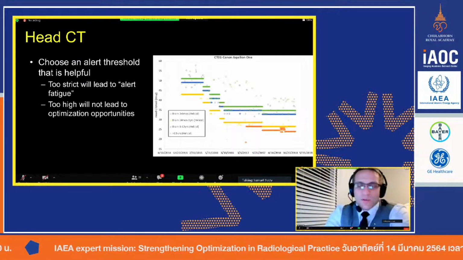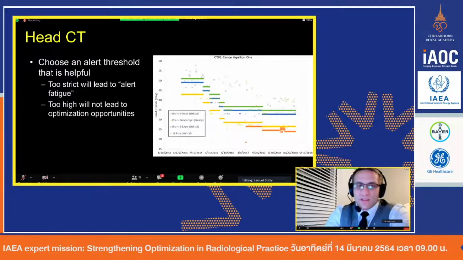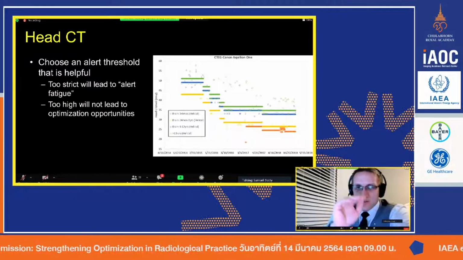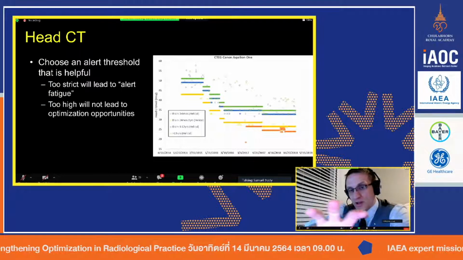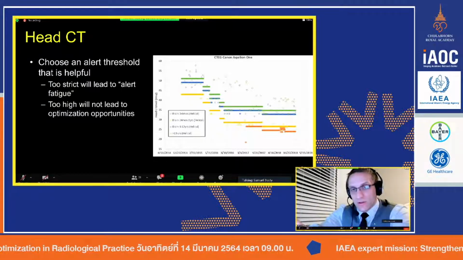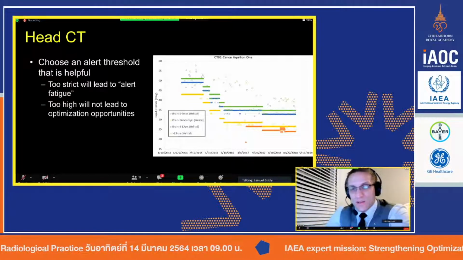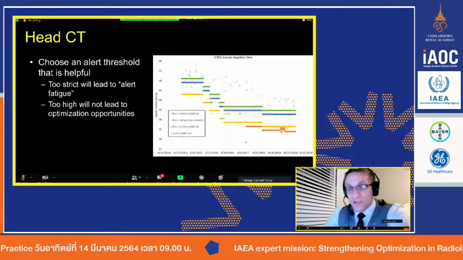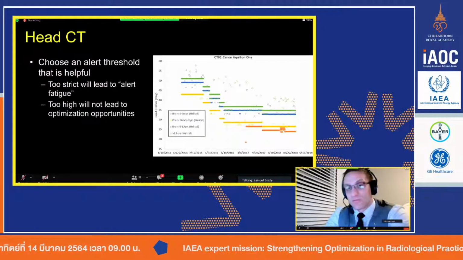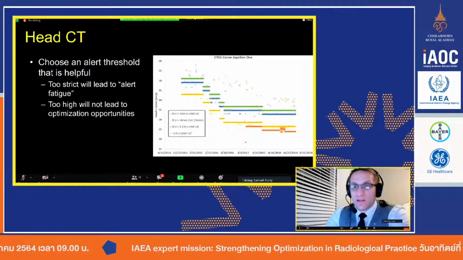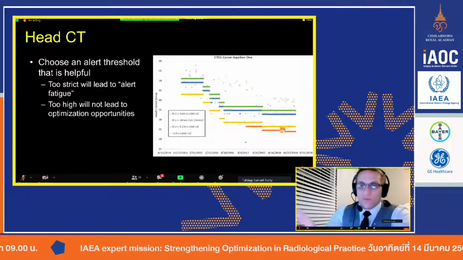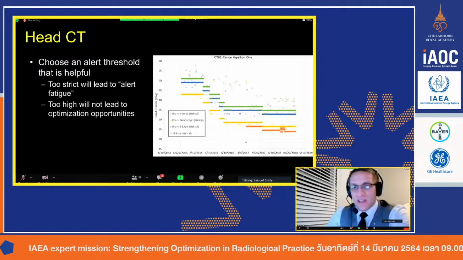And that's not appropriate. And so you've got to find the right place. You have to look at your data. You need to go in, do an average of your data. Especially it'll be helpful once you've got Radimetrics. If you don't have that, you can still do a quick survey of your data from PACS or from your CT scanner.